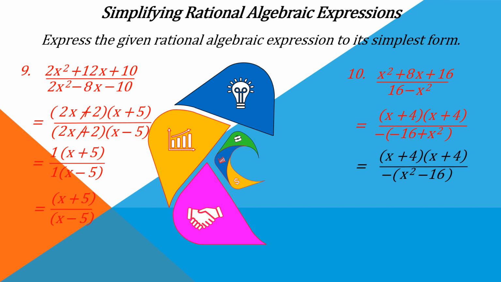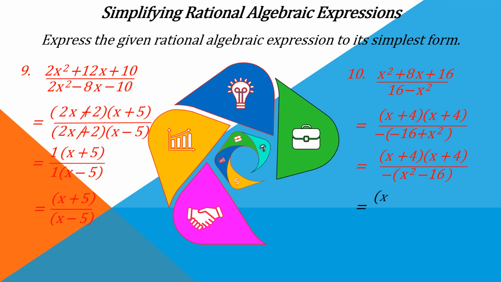Now, x squared minus 16 is a difference of perfect squares. We can simply factor the denominator. Bring down quantity x plus 4 multiplied by quantity x plus 4 divided by negative, the factors of x squared is simply x multiplied by x, and the factors of 16 are 4 multiplied by 4, and we have two signs which are negative and positive.